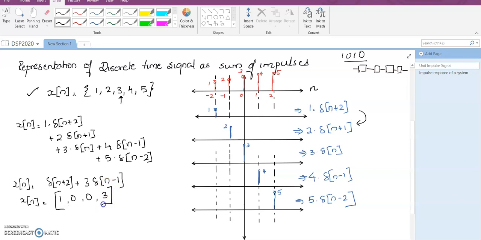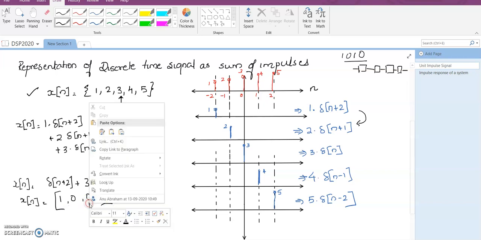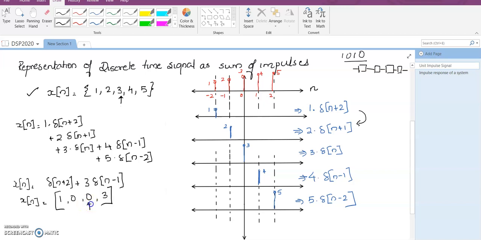How did I come about with this? With an arrow under the first sample. It must be clear that del of n plus 2 will indicate n is equal to minus 2, and at minus 2 you have a sample of del which is of amplitude 1. The next sample that you have here is 3 into del of n minus 1, where n is equal to 1 and its amplitude is 3.